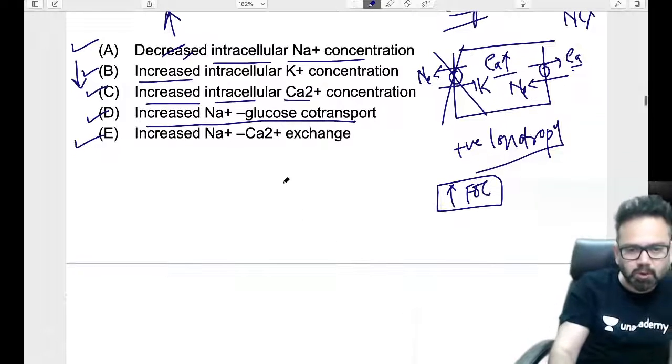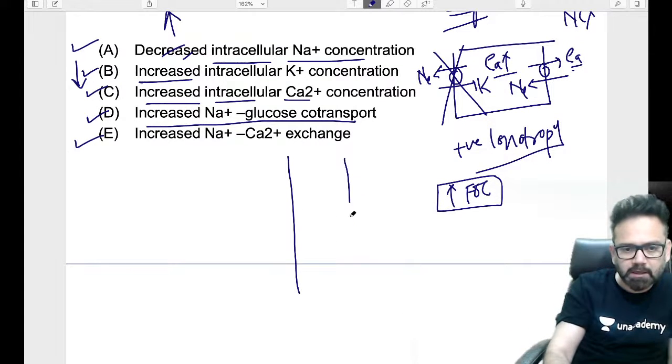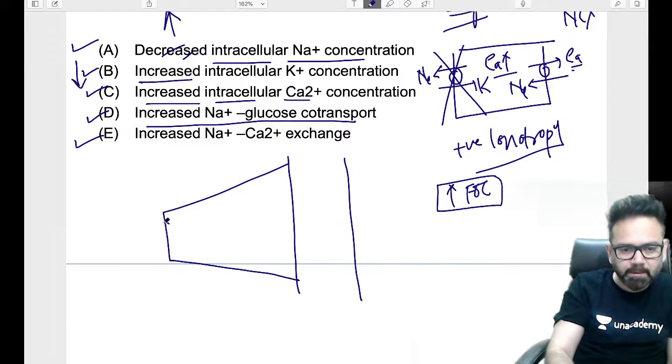Increase sodium glucose co-transporter: let me talk about this also. In the proximal convoluted tubule, on the basolateral membrane there is the sodium potassium pump, and on the luminal side there is SGLT. Sodium is coming in as well as glucose.